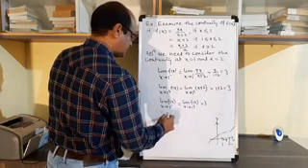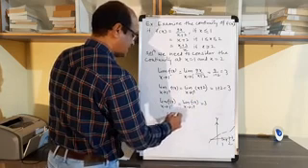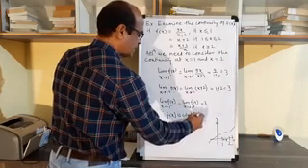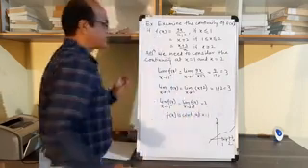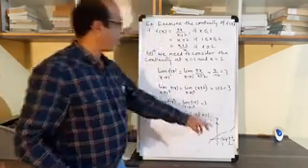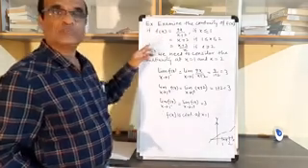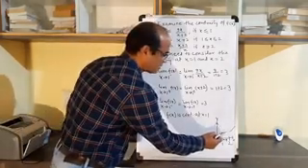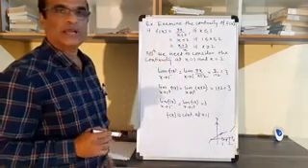Therefore f(x) is continuous at x is equal to 1.